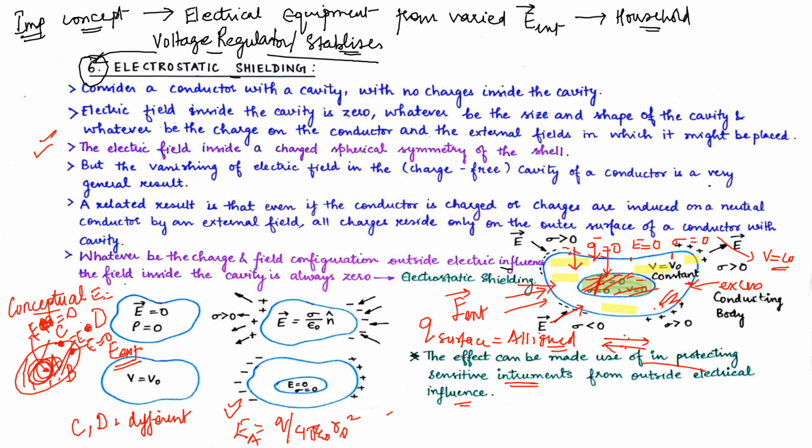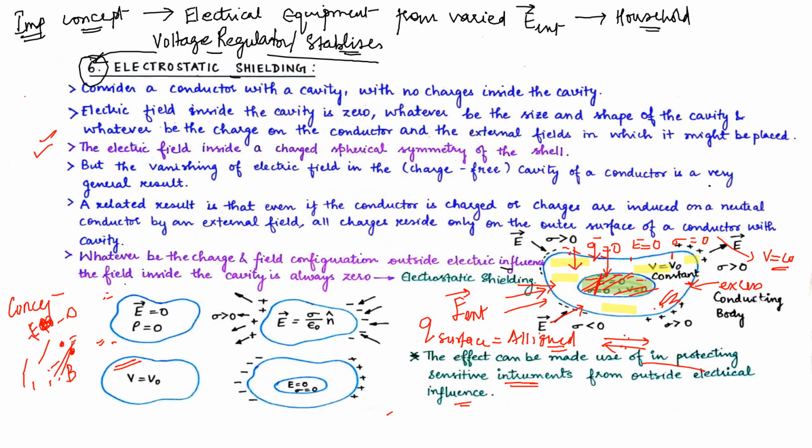This particular class is very important for you. Kindly go through all these 6 properties of conductors and electrostatics for conductors thrice, remember these points, and try to use these applications in each and every question. It will be extremely helpful.